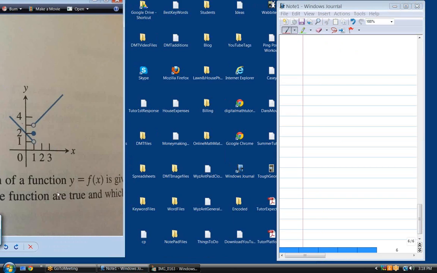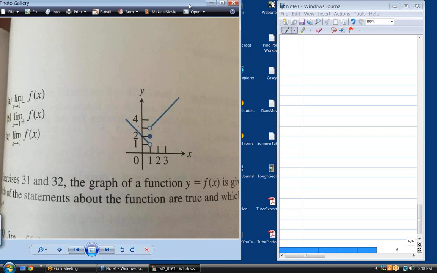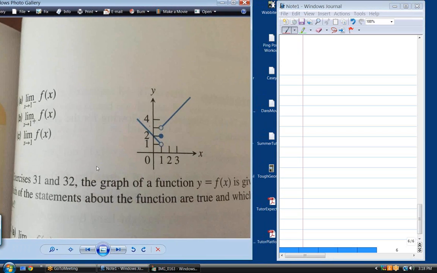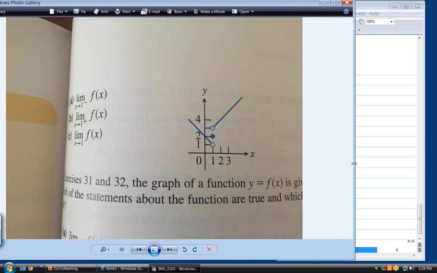Just want to come up with the function for that graph? No, the limits. Okay, it does have something to do with calculus. So you've had left-sided and right-sided limits.